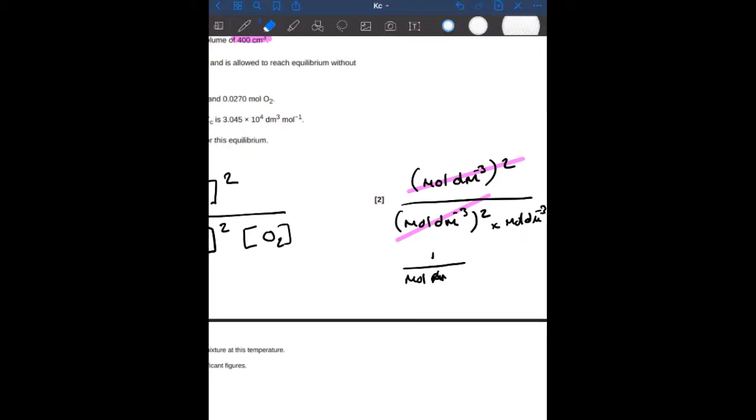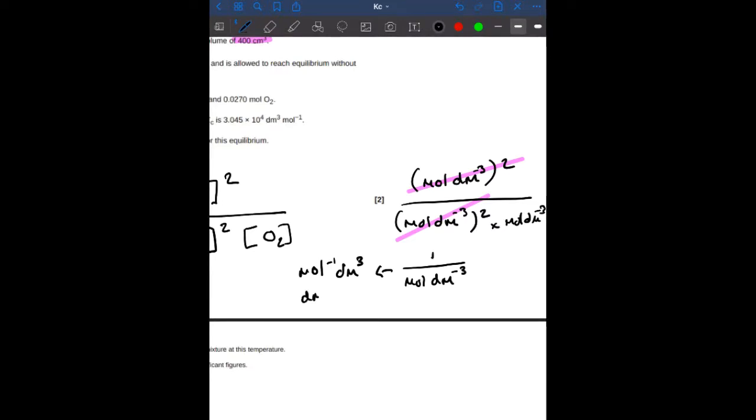Let's try that again, shall we? 1 over moles per decimeter cubed. Now, we can't leave it like that, can we? So we need to change it back to moles to the -1, dm to the 3, or in other words, dm cubed mole to the -1, or decimeters cubed per mole.